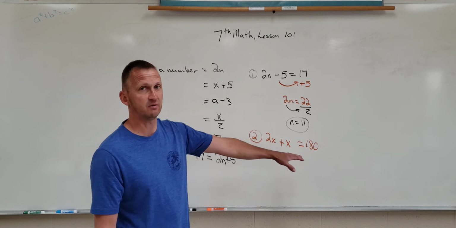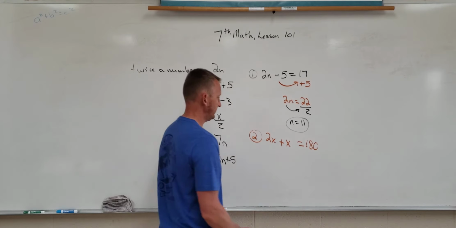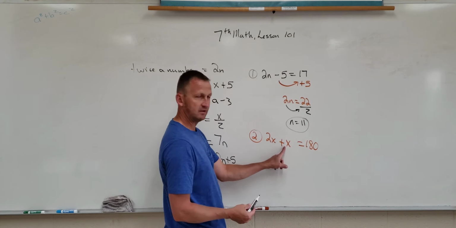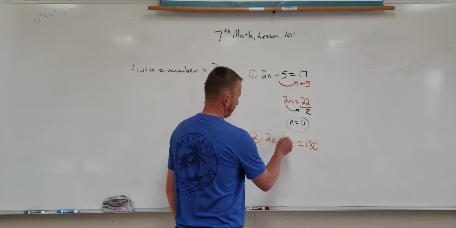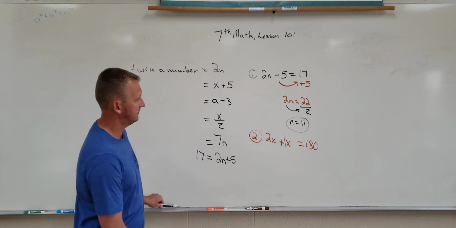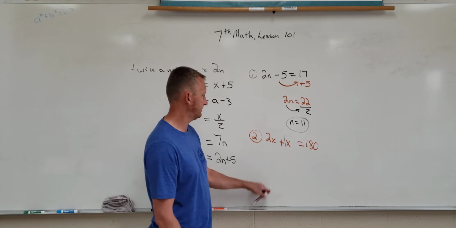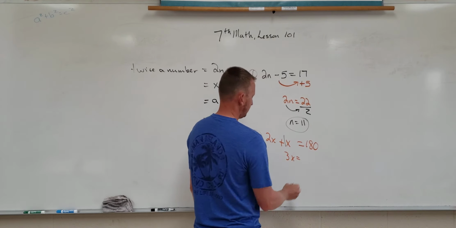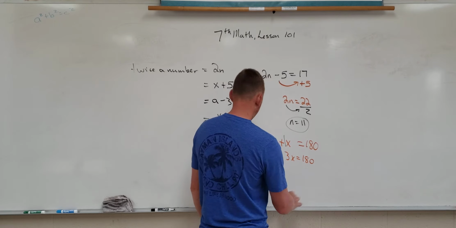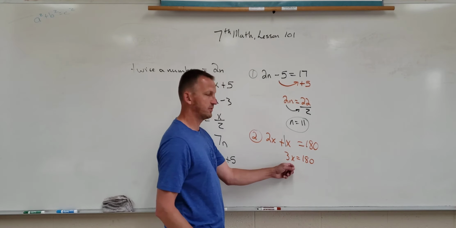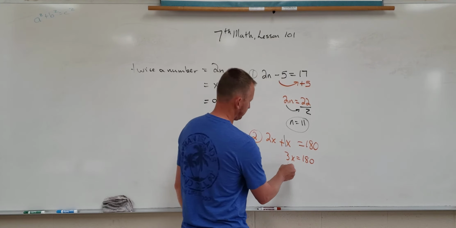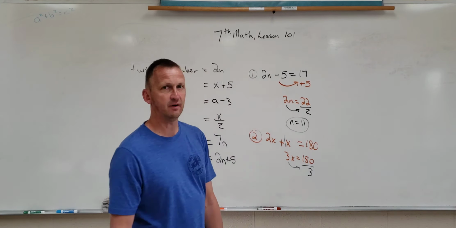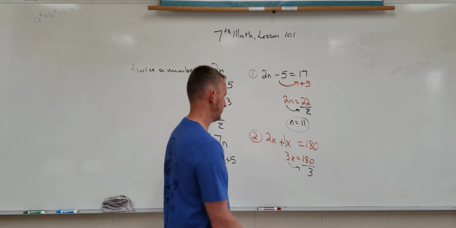First off, we had to set up our equation. Now, we need to solve it. 2x plus x. Don't forget, there's not a number in front of it, so we put a 1. Now they're like terms, so we add 2 plus 1 gives me 3x equals 180. If I'm multiplying here, I need to take it across and divide. 180 divided by 3, 60.